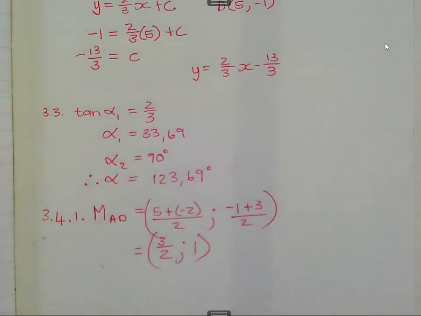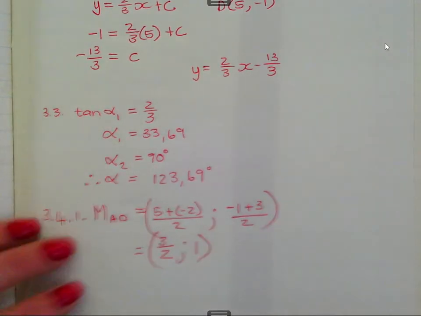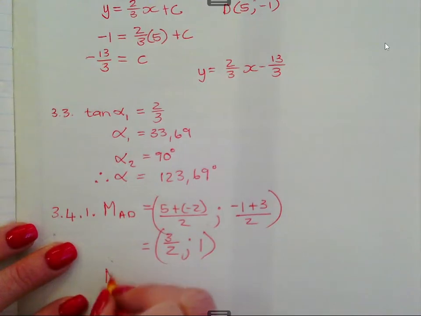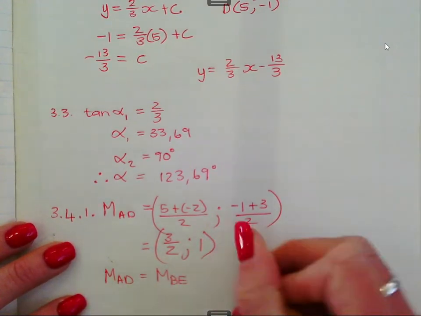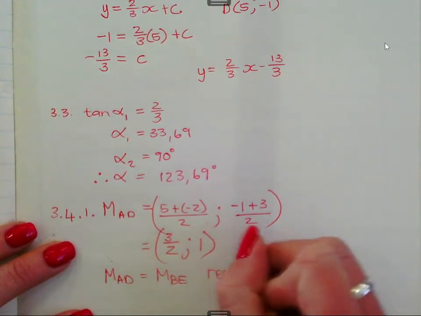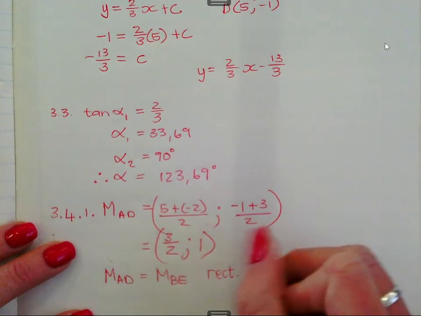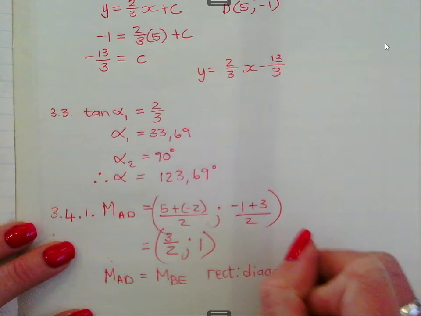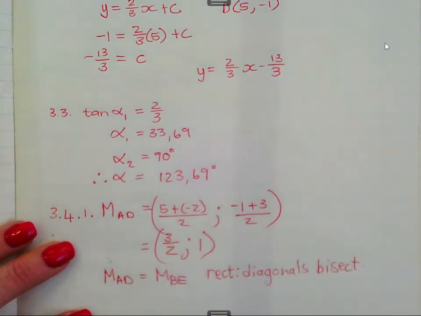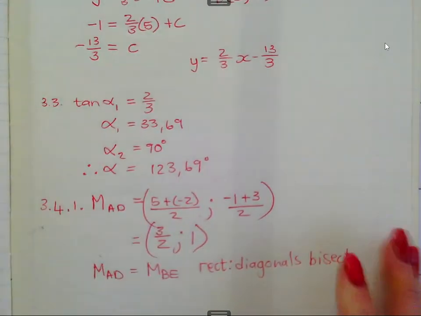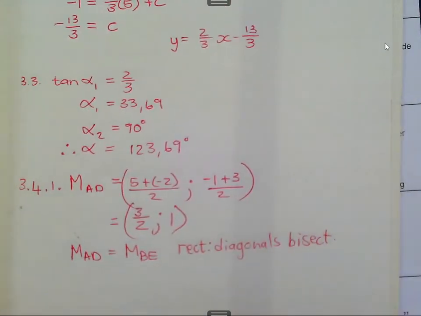Alright, now you have to say why you are able to steal this. Okay, so you can say the midpoint of AD is equal to the midpoint of BE, but give your reason. So you just say rectangle diagonals bisect. So you have to say why you are doing this. You have to give a reason. Okay, it counts them all.